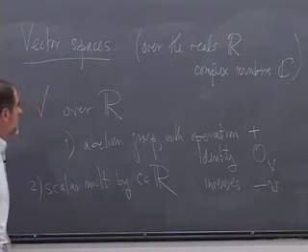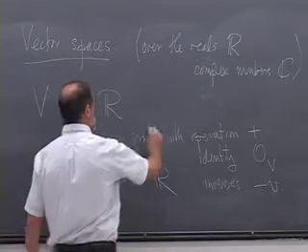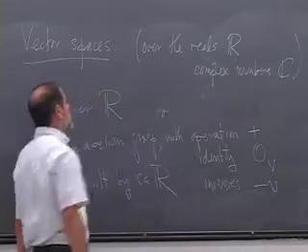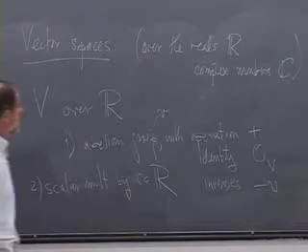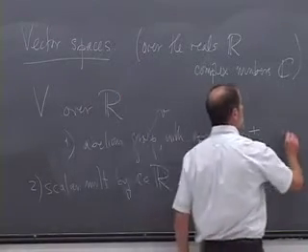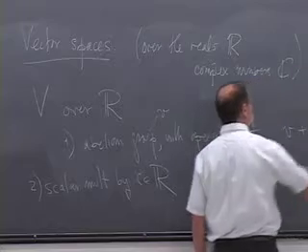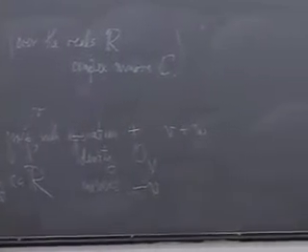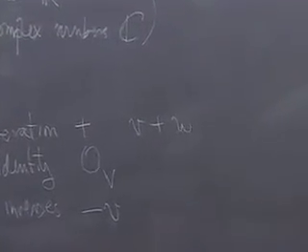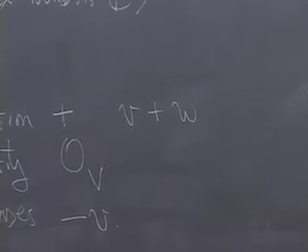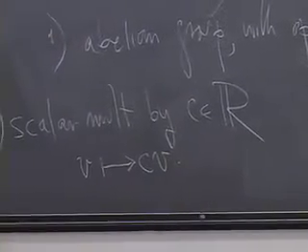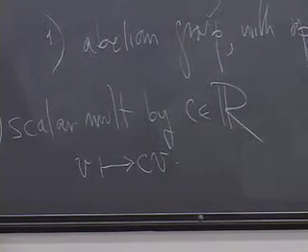So in other words, the elements of the abelian group are usually denoted little v. So the operation plus means that you can take two elements of V and add them and get a v plus w, that sort of thing. You can also take an element in this abelian group and you're allowed to multiply it by a scalar. So there should be some operation that takes v to c times v, where c is a real number.